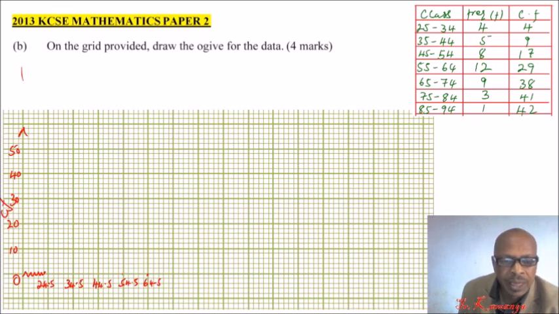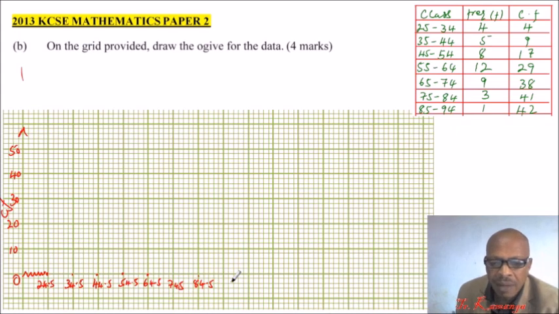These are the points. Then we have 74.5, 84.5, and finally 94.5.